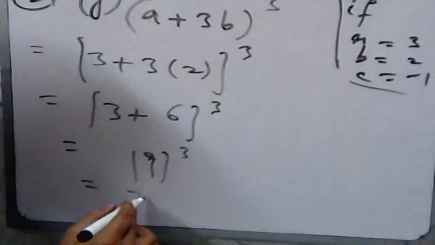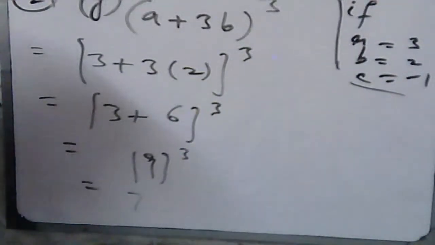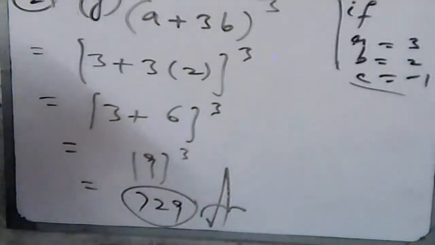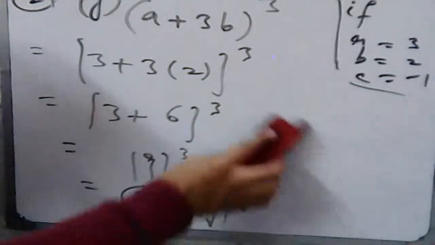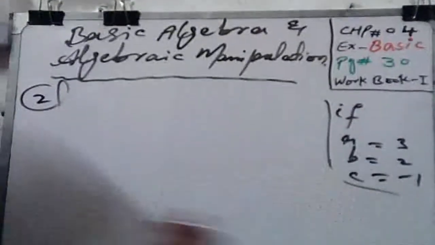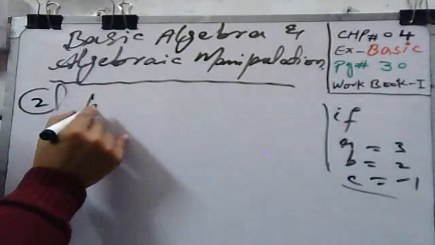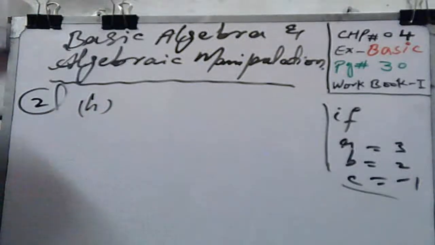Now similarly in H part, that is a power b minus c power a plus b square.